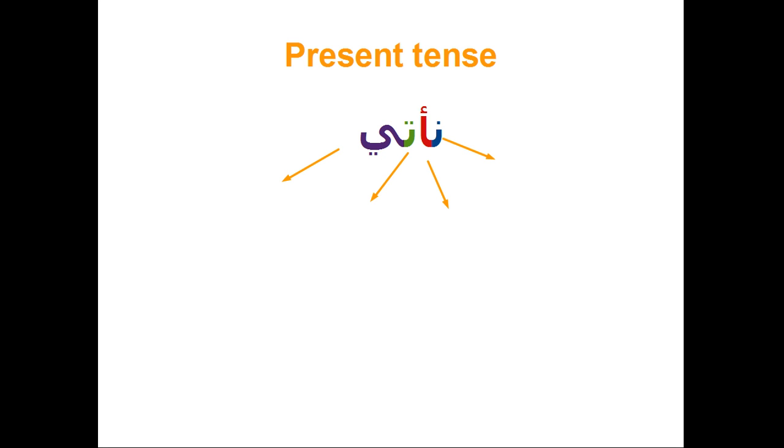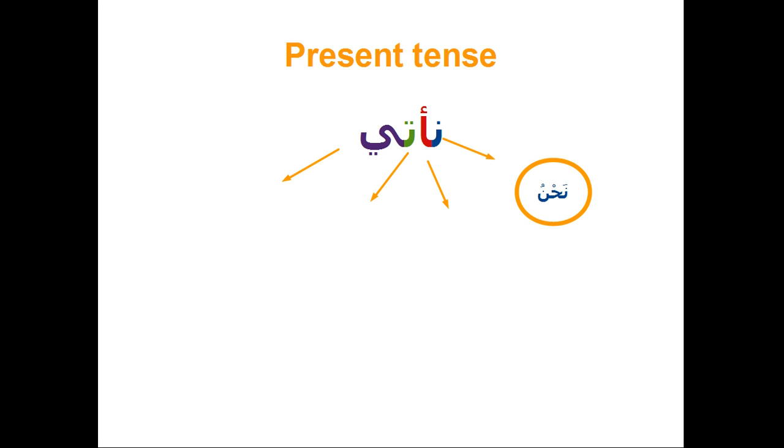As I told you, any verb in the present tense must start with one of the following letters. Noon: when we use the pronoun نحن, we conjugate the verb by adding noon to its beginning.